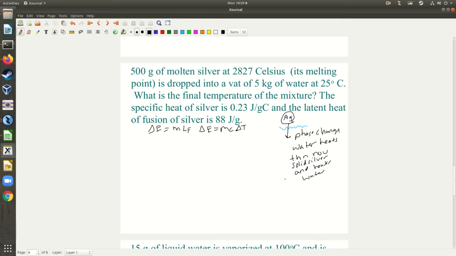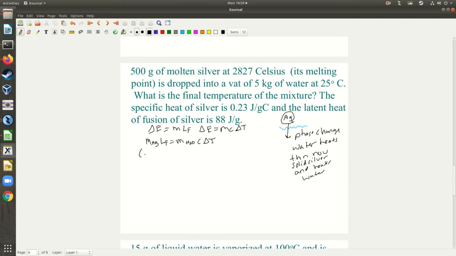Well, let's show you. First, let's find the change of temperature of the water as your silver goes from a liquid to a solid. So I say, okay, M Ag for silver, LF equals M H2O C delta T. So I'm looking for the change in temperature here.